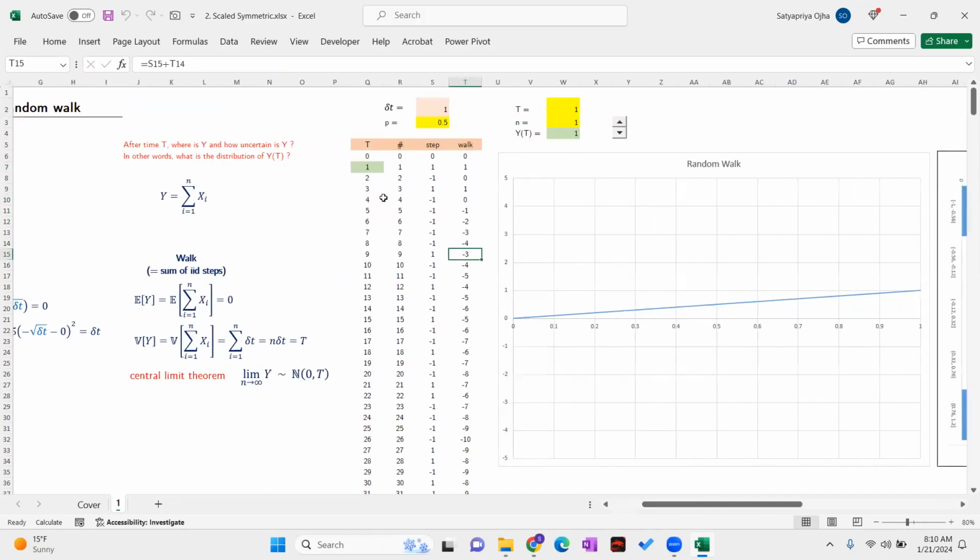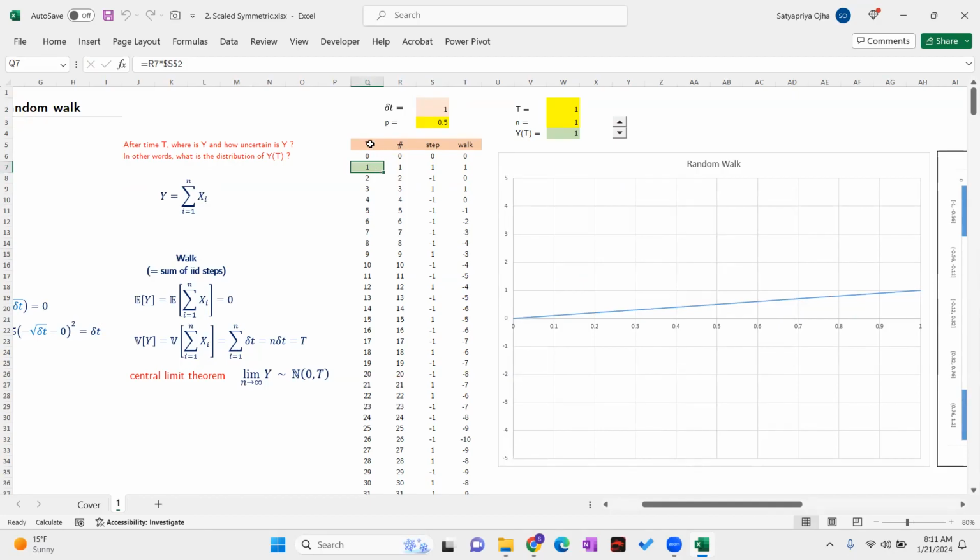Now you see this green cell here. I am using this to signify at what time capital T I am interested to see where the walk has landed. Right now I'm focusing only on what happens after a year. How do you get there? Whether 2 steps, 3 steps, 200 steps, that is part of the modeling exercise. It really does not matter.